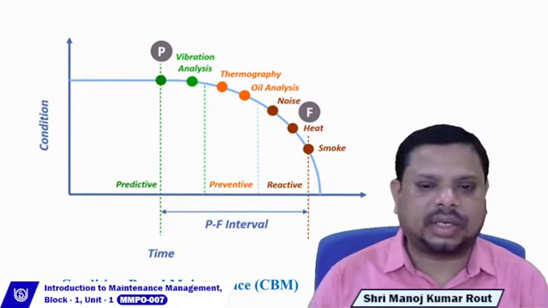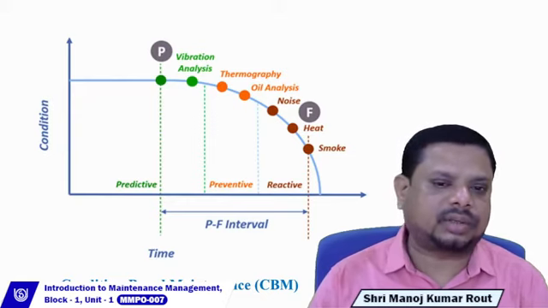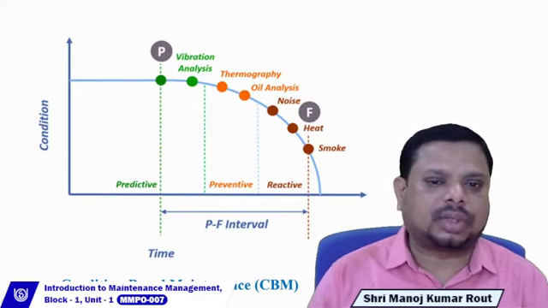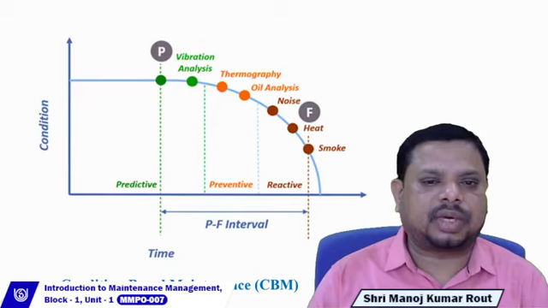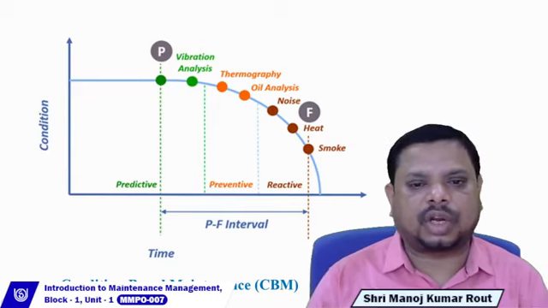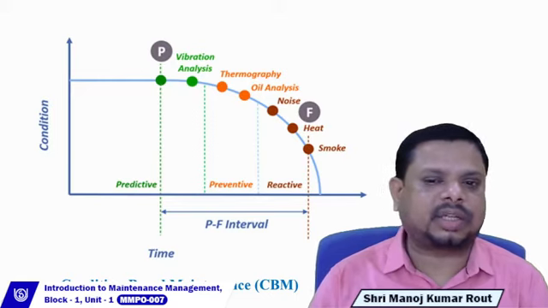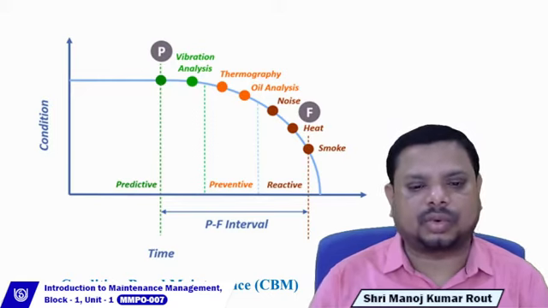So these are the relative conditions. Whenever you visualize these conditions, immediately you go for preventive maintenance. Preventive maintenance is applied for thermographic corrections or oil analysis, but reactive maintenance is applied for the noise, heat and smoke.